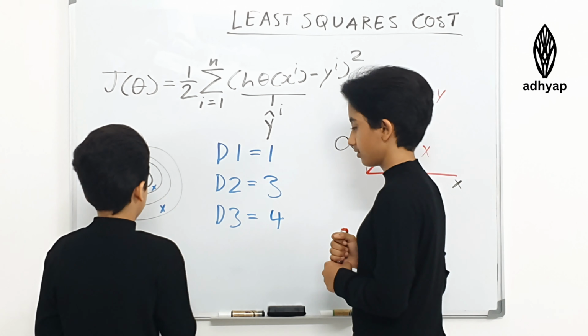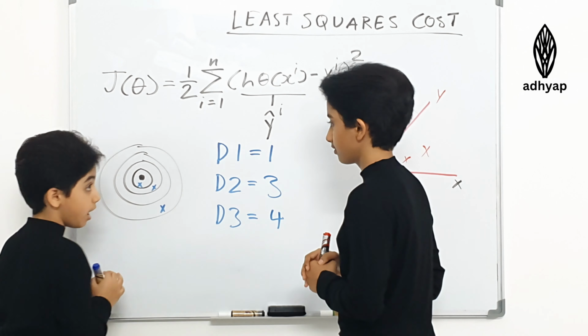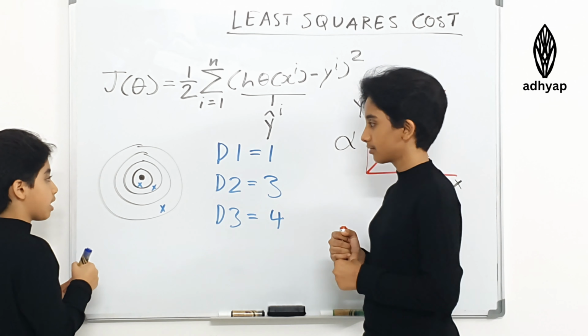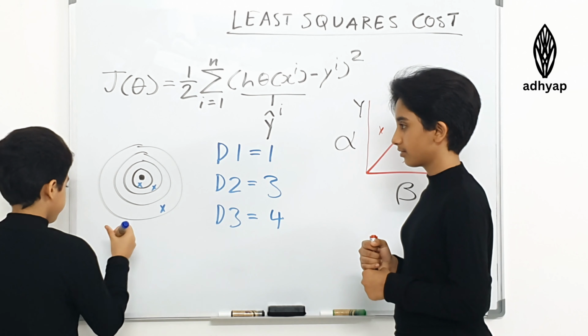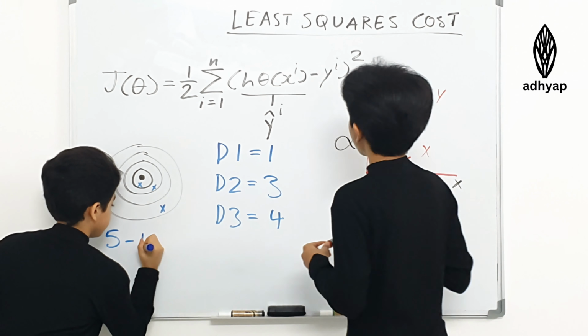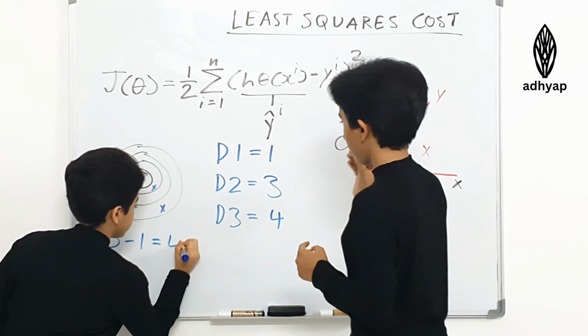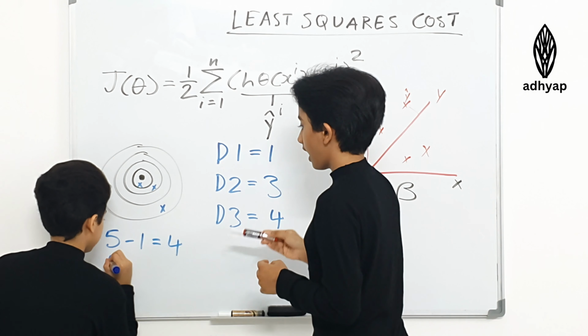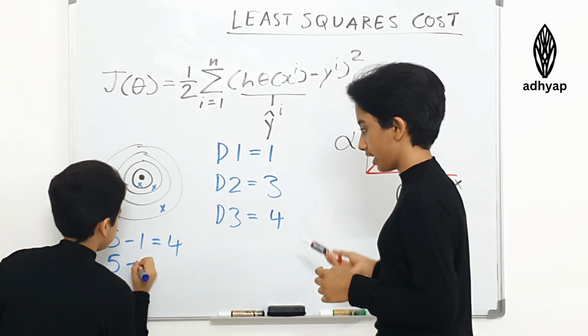Now what we need to do, we need to minus it with the actual value. Since there are 5 values here, we need to subtract them with these values. So actually the error will be taken now and then it will be sent to the gradient descent.